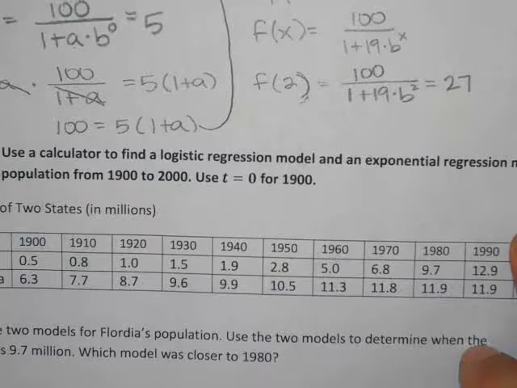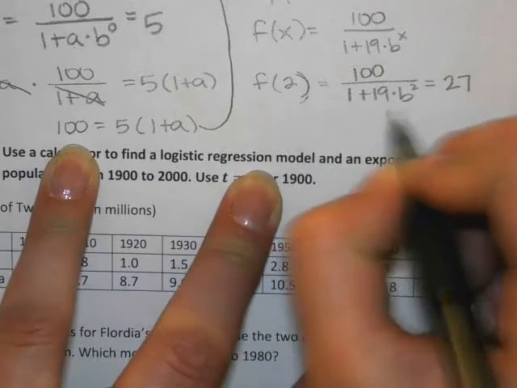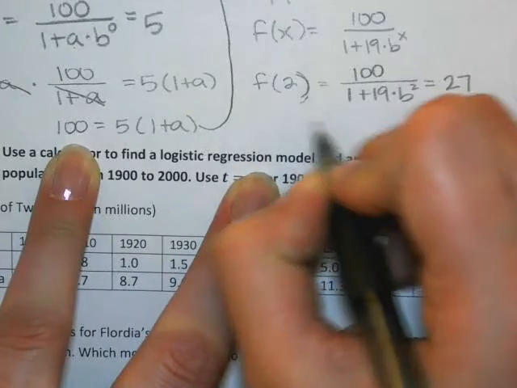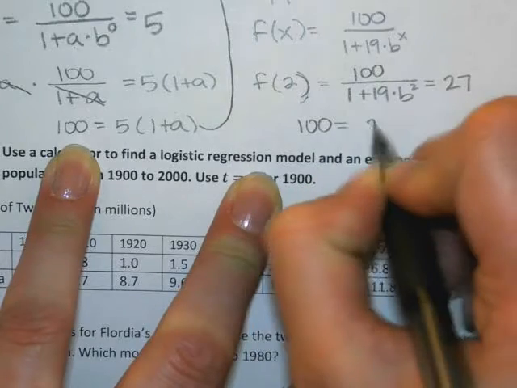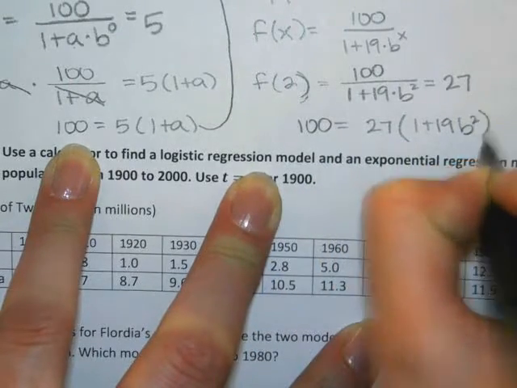Okay, so we again have a variable on the bottom. What do we do? Multiply by that whole bottom part. So we're going to have 100 equals 27 times 1 plus 19 b squared.